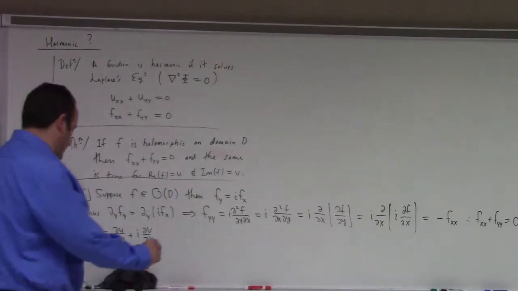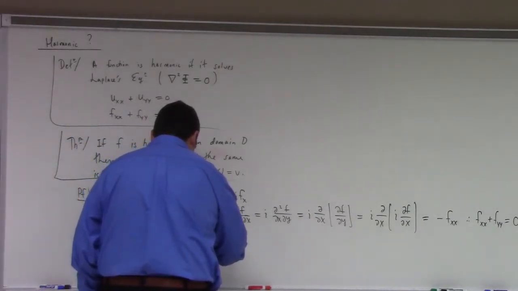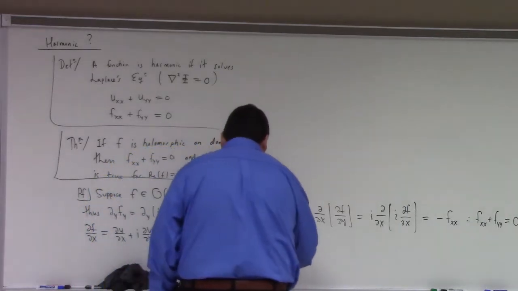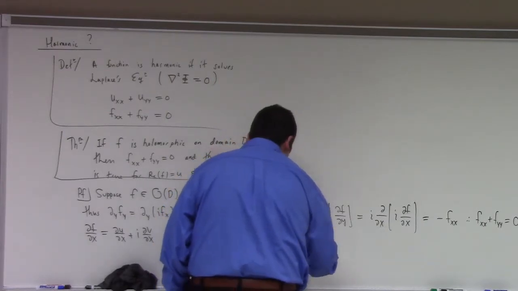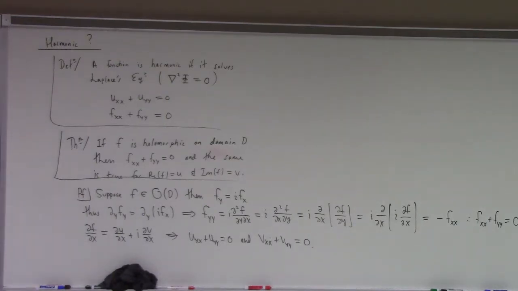So this implies that u_xx plus u_yy equals 0, and v_xx plus v_yy equals 0. So two for the price of one. If we have a harmonic complex valued function, we get a pair of harmonic real functions for the real and imaginary part of the complex function. That's how it goes.